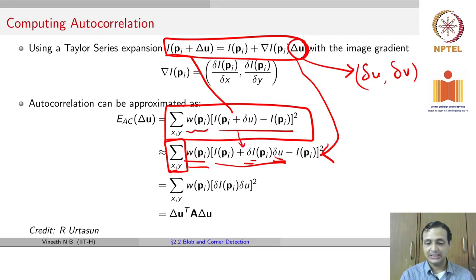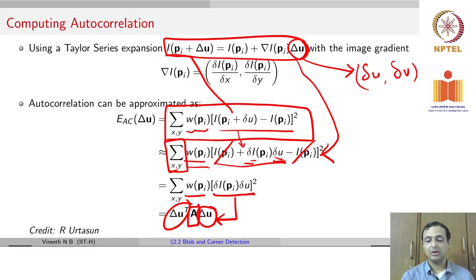Once you have this, you can see that I of pi and I of pi get cancelled, and you're left with summation over x, y of W of pi into dou I of pi by dou u, whole square. And we're going to write that as a quantity delta u transpose a matrix A into delta u.